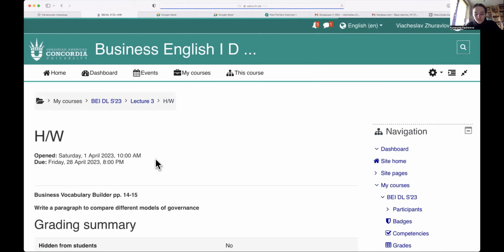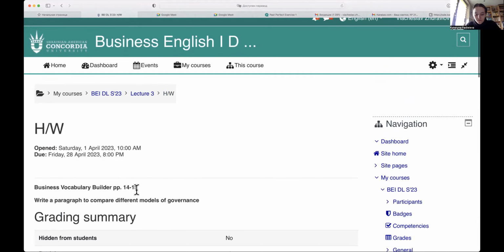If it says do pages 14 and 15, you do this. If it says write a paragraph, you're not supposed to write huge essays of thousands of words. 100 to 200 words is enough. If it's not set in brackets, it's usually around 100 to 150 words.